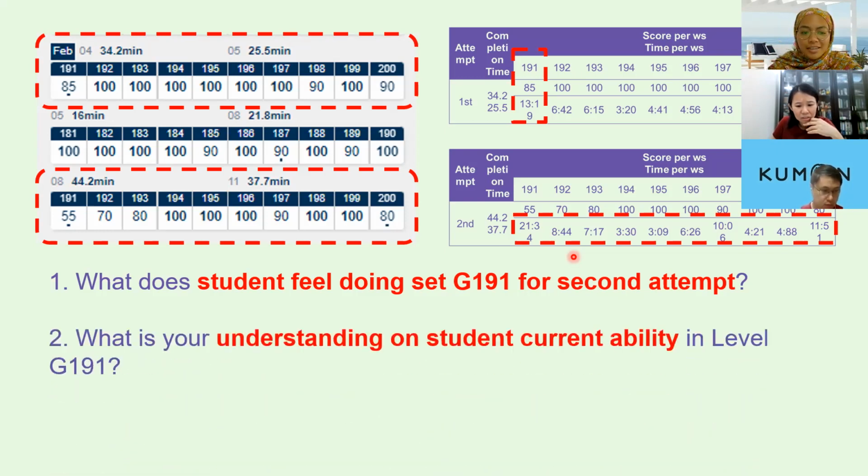Okay. So my second question, what is your understanding of the student's current ability when doing the second attempt for G191? When you look at these two, like the data, what do you think of the student's ability at this point?